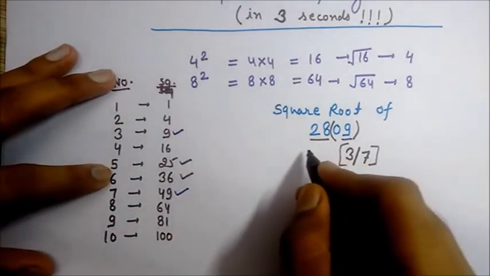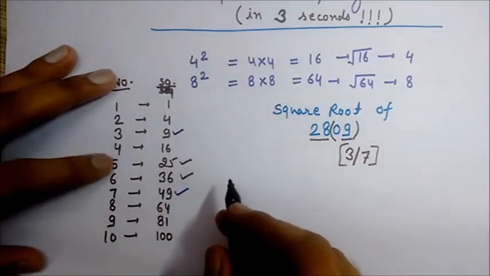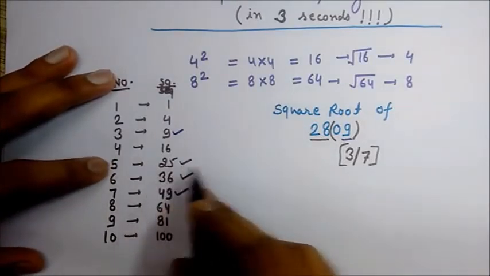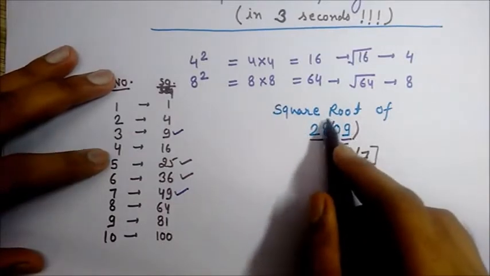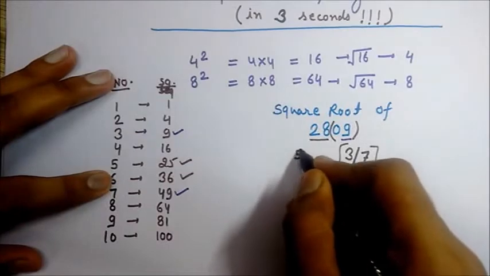So the square root of 28 lies between 5 and 6. Here we take the smaller number.